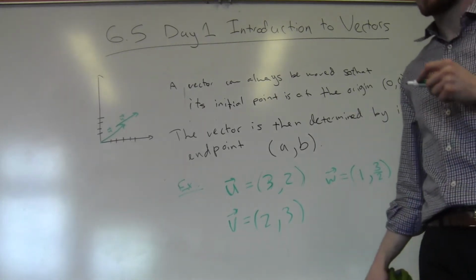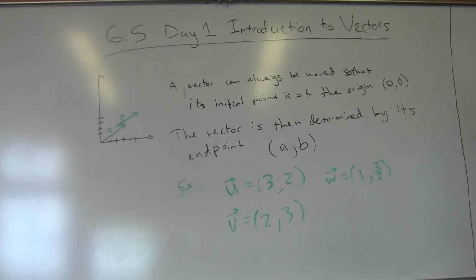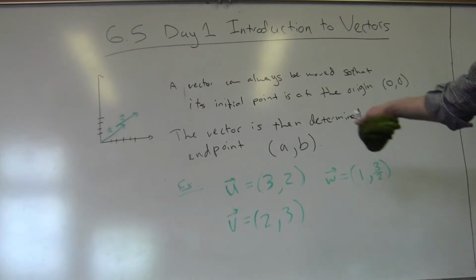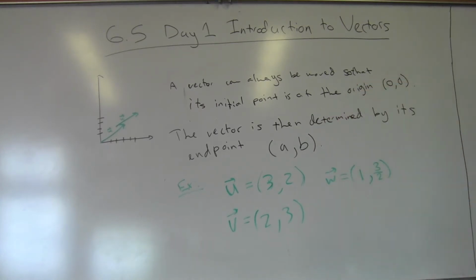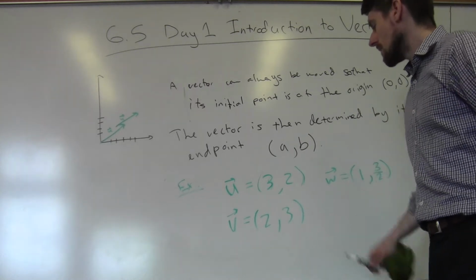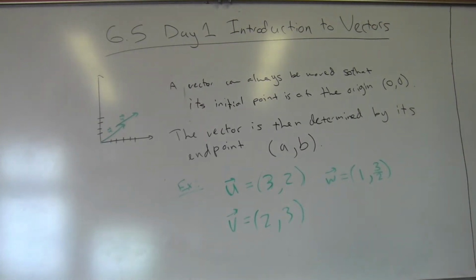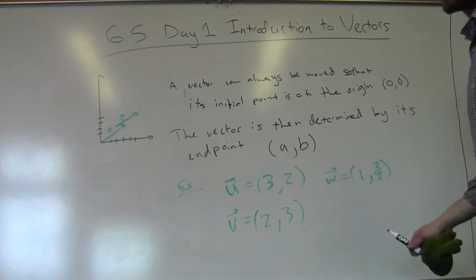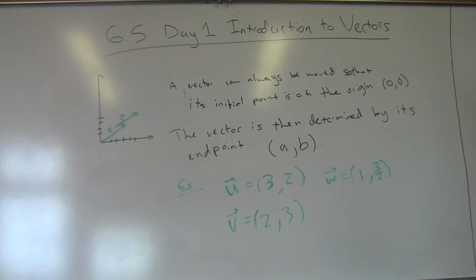So you can look back at u, v, and w from earlier and try to figure these guys out. It's 3, 2 for u, v is equal to 2, 3, and w is 1, 3 halves, or 1.5. Okay. So those are some examples of writing them as pairs of numbers.